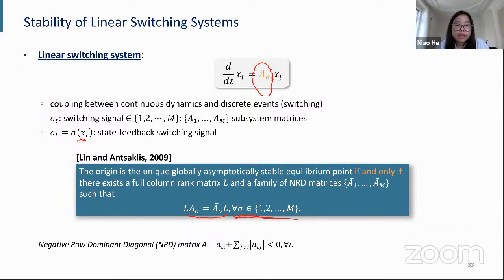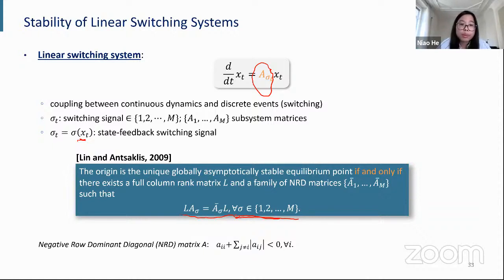Notice that this is indeed both a necessary and sufficient condition to characterize the global asymptotic stability of switching systems. This result is closely related to robust stability of uncertain linear time-variant systems. I'm sure many of you know control theory much better than me here. And this is indeed a very useful condition.